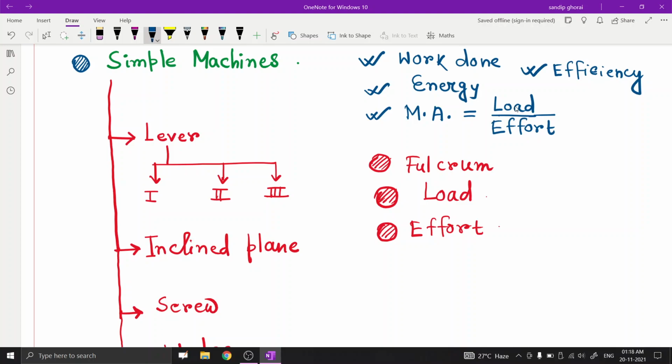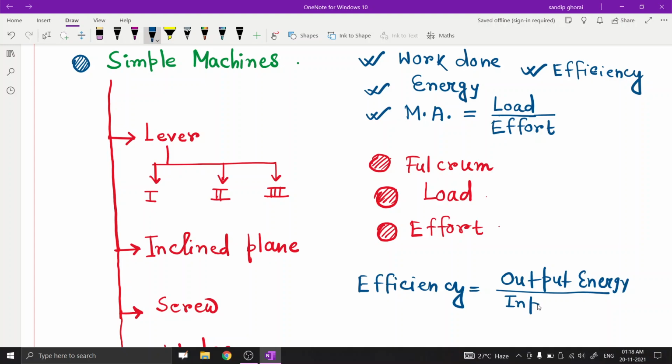So generally we can say efficiency is equal to output energy divided by input energy, into 100 percent, if we want to find the efficiency in percentage.